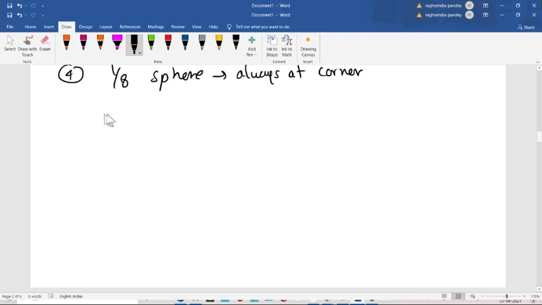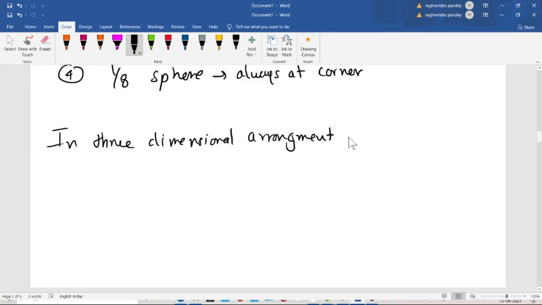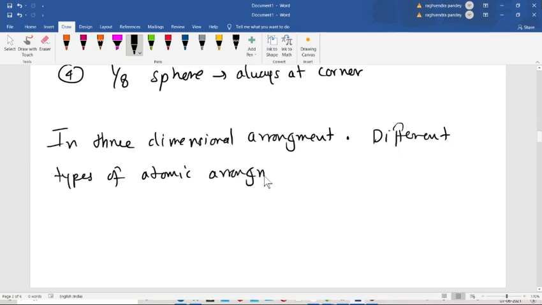Let's go back to our arrangement. Now in three-dimensional arrangement, different types of atomic arrangements other than cubic are present.